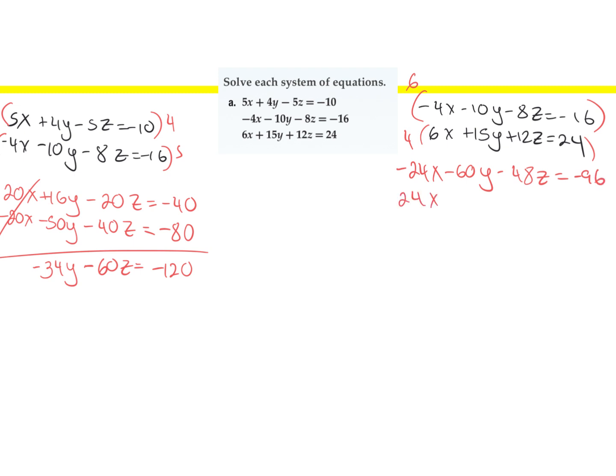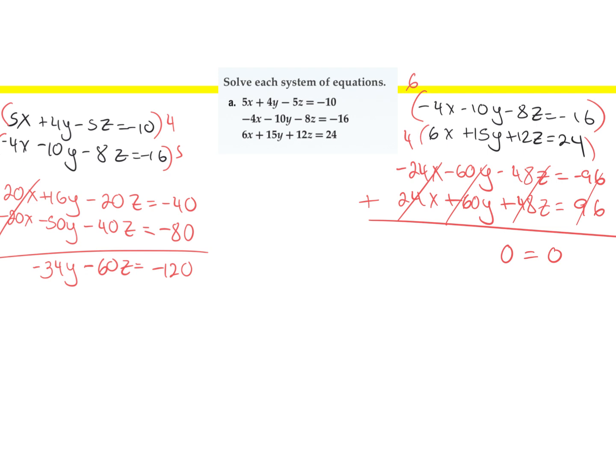So it'll be 24x plus 15 times 4 is 60, y, plus 12 times 4 is 48, z, and this equals 24 times 4, which is 96. I'm going to go ahead and add them. The x cancels out, the y does too, the z does too, and the 96 does too. So we have 0 is equal to 0.